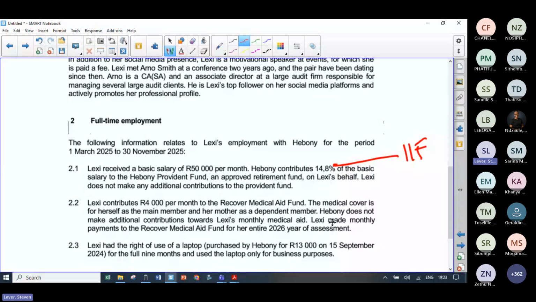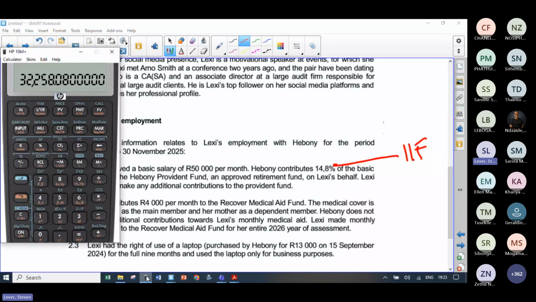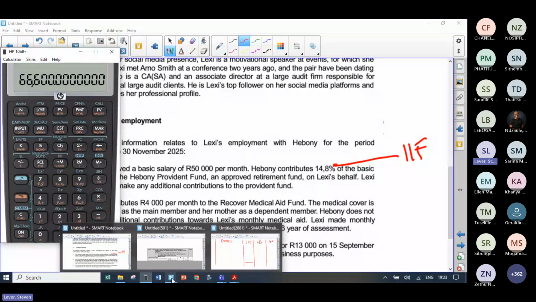But what can I do with the 14.8%, guys? I can say 0.148 times her salary, which was 50,000 times 9, 450,000. The company gave me 66,600 rands worth of contributions to a pension fund. So I'm just going to write this down, 66,600.